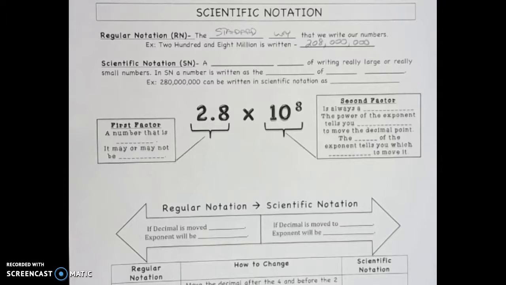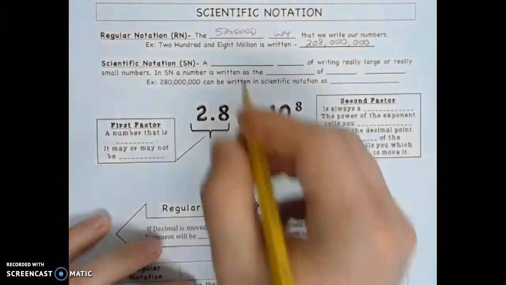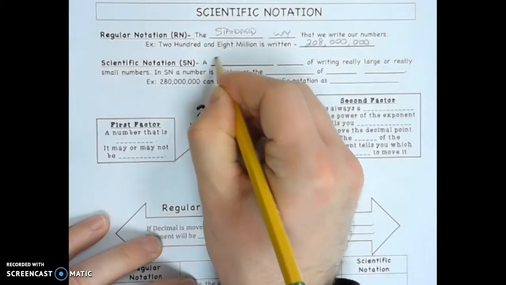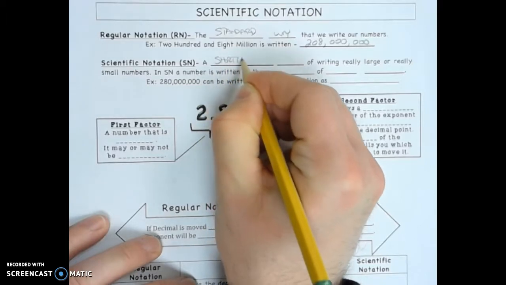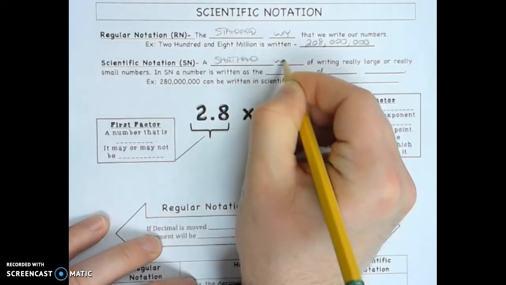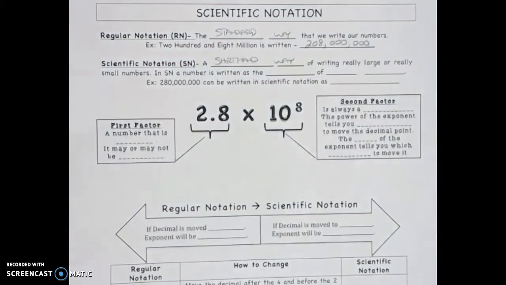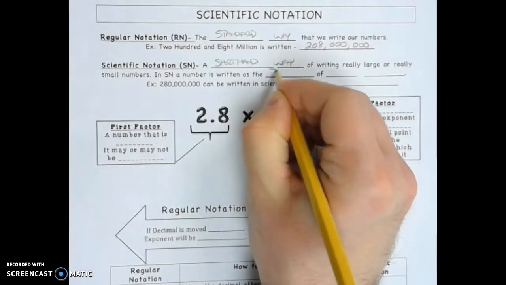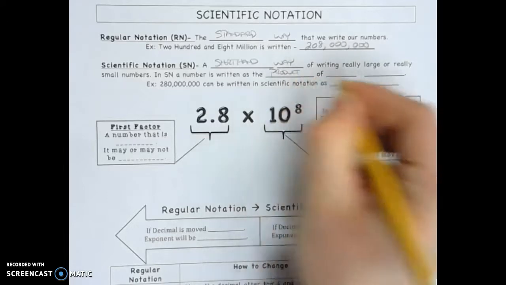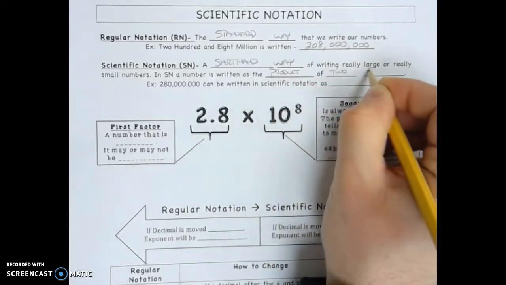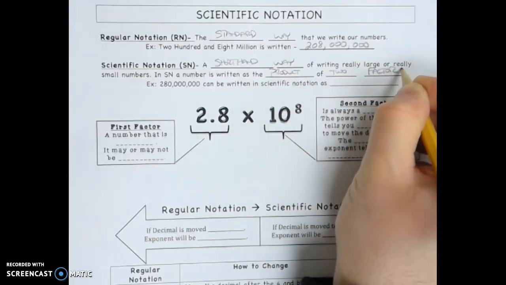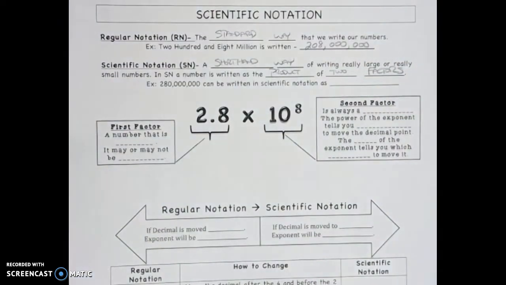208 million. Scientific notation is a shorthand way of writing really large or really small numbers. In scientific notation, a number is written as the product of two factors.